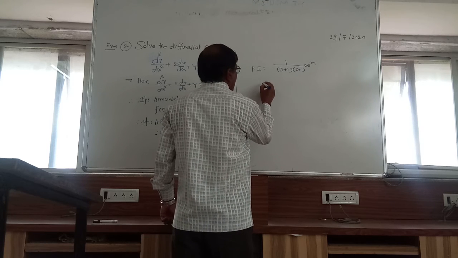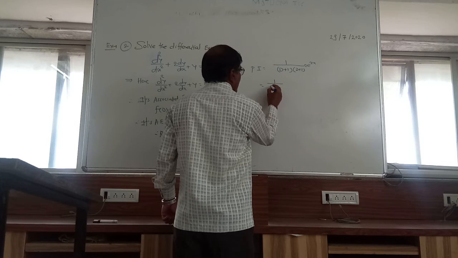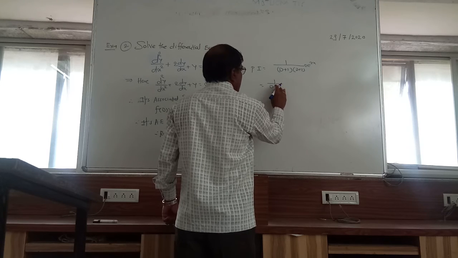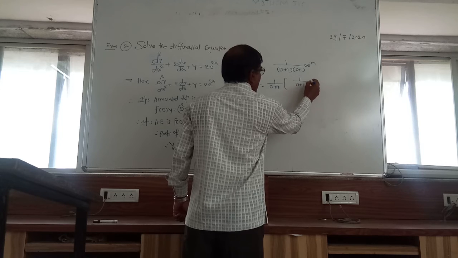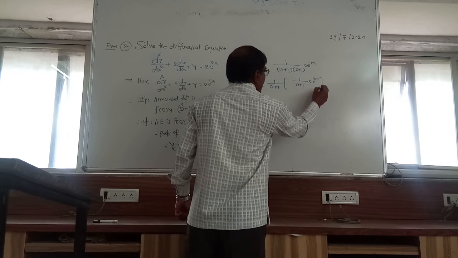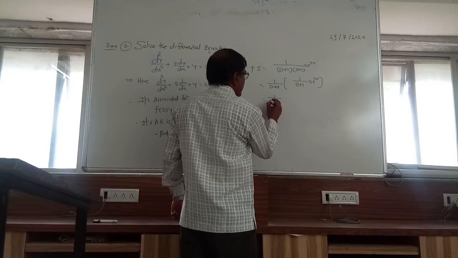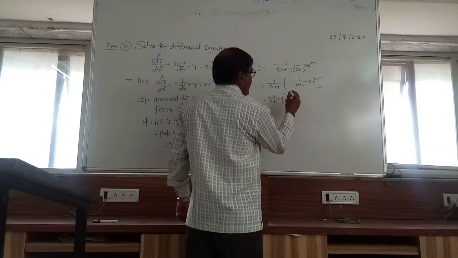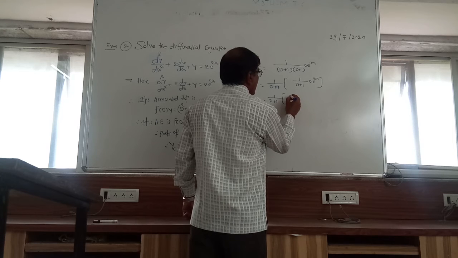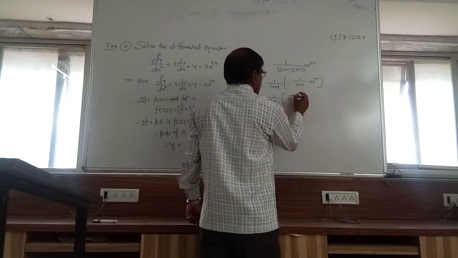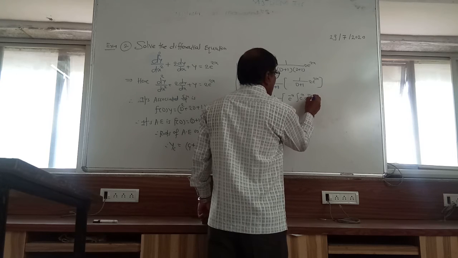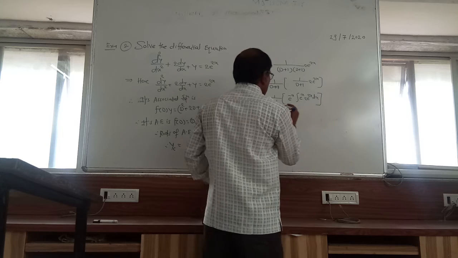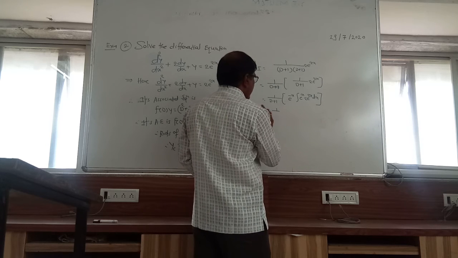Just as we have seen the effect of the operator 1 upon d minus a on q of x, using the same formula here, we have to use the same effect. 1 upon d plus 1 of 2 into e raised to 2x equals 1 upon d plus 1 of e raised to minus x, integration of e raised to x times 2 e raised to 2x dx, that equals 1 upon d plus 1.